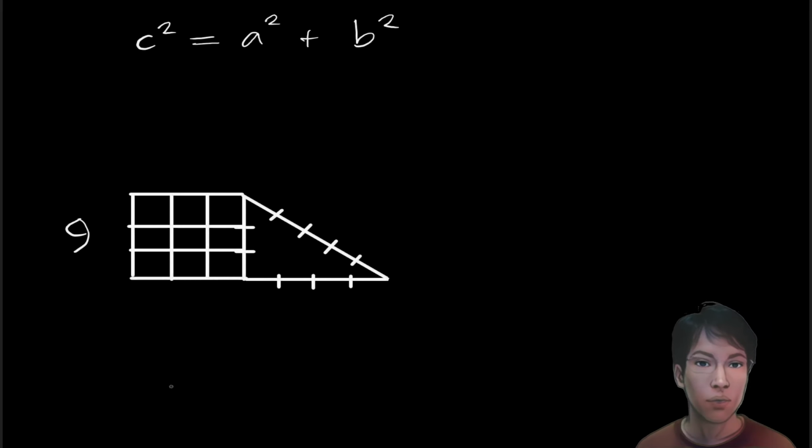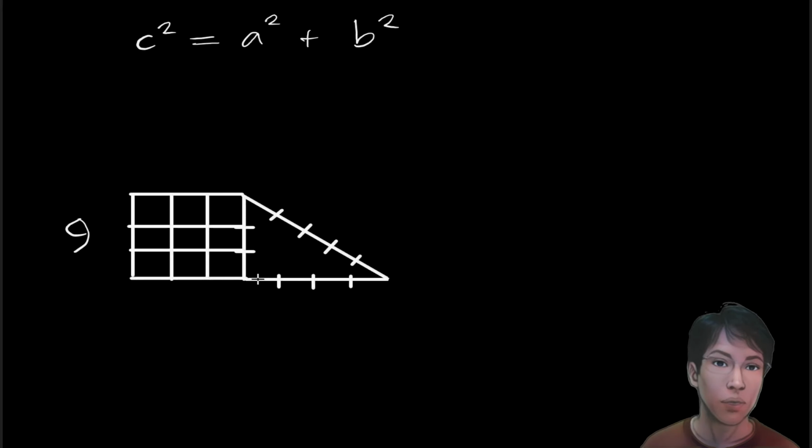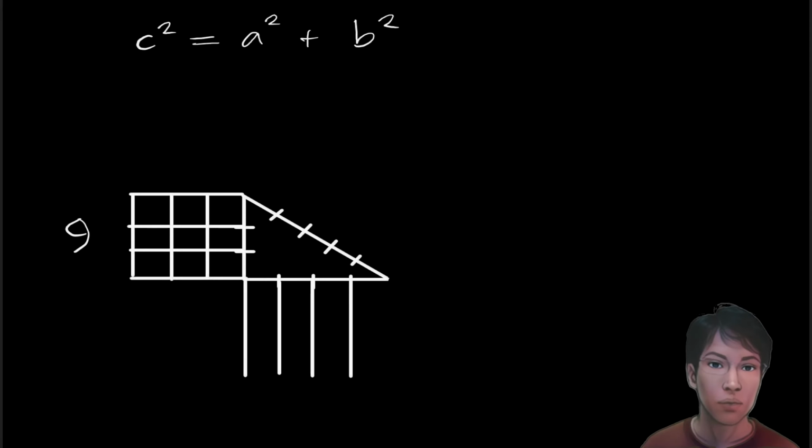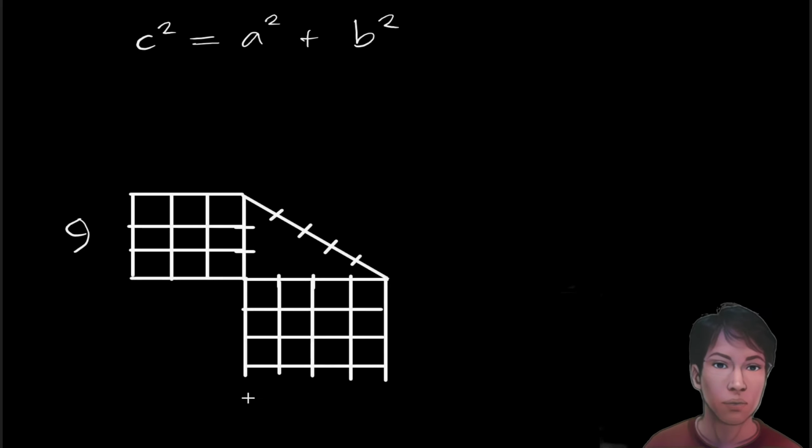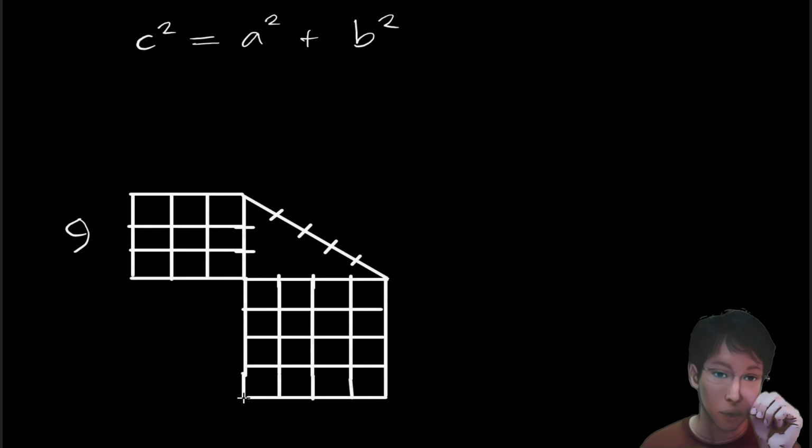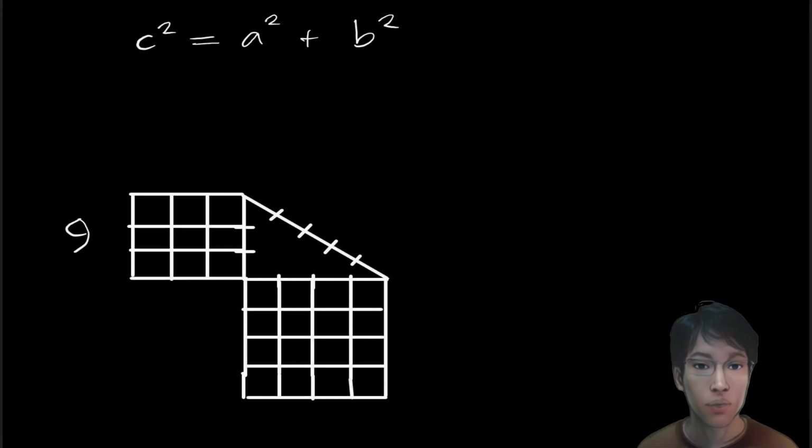And on the other side of the triangle, if I were to make a square, how many squares do I have on this side? 16.